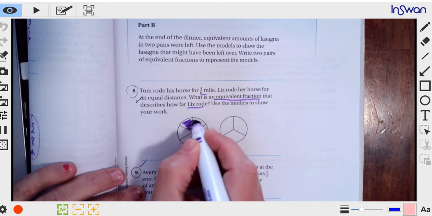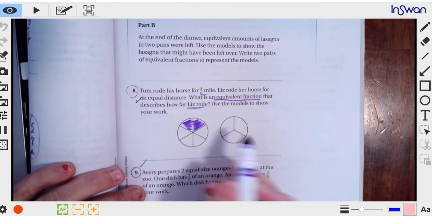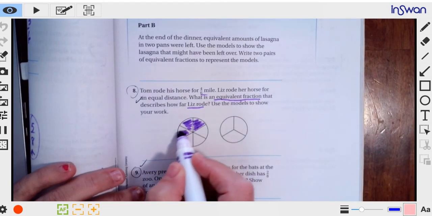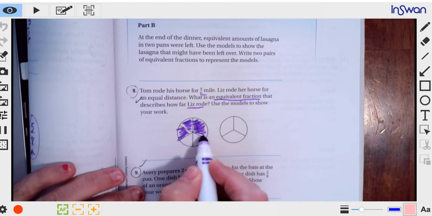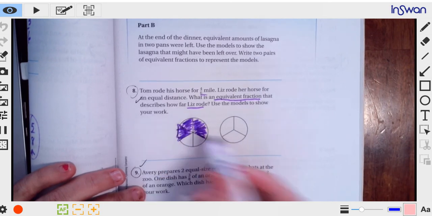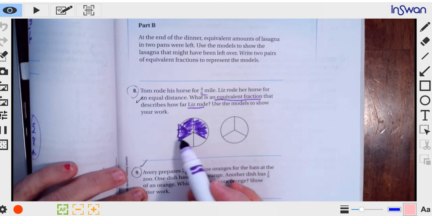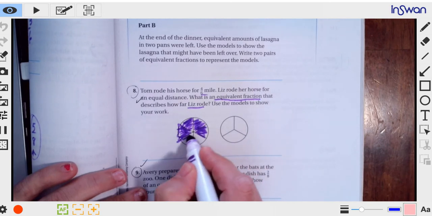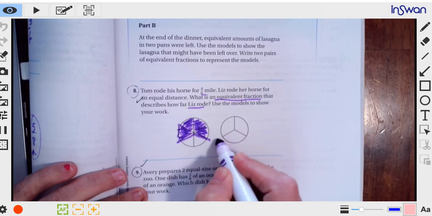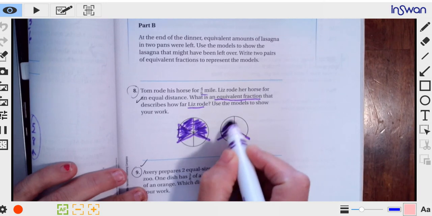So 1, 2, 3, and 4. Now look at the amount that's shaded over here. We're trying to shade the same parts. Do you see how this is left? Let's leave this and shade these. Shade the other part of the circle.